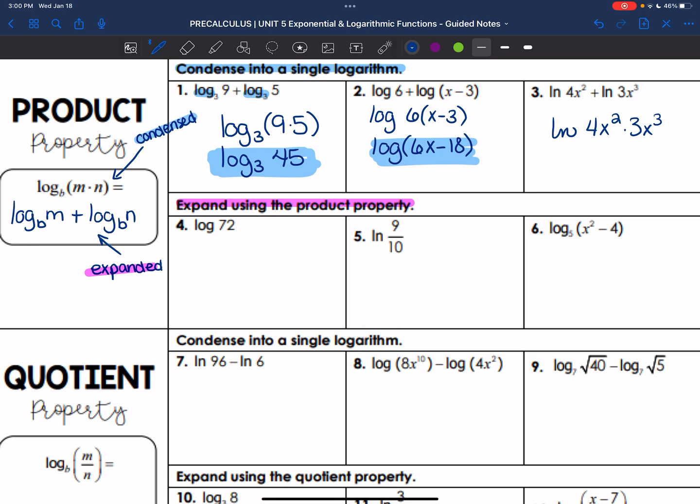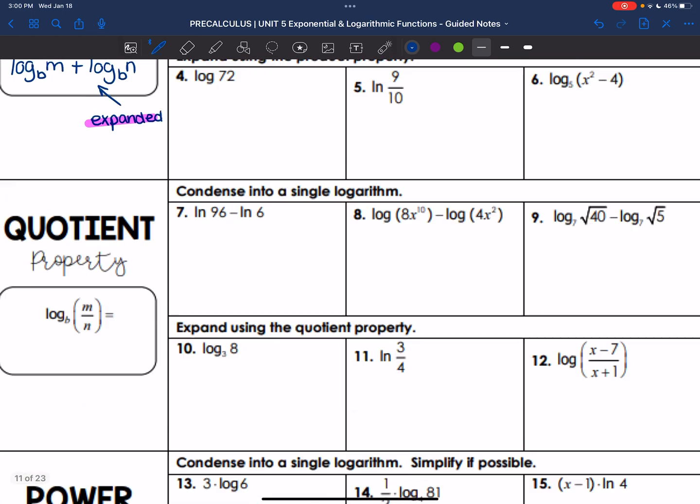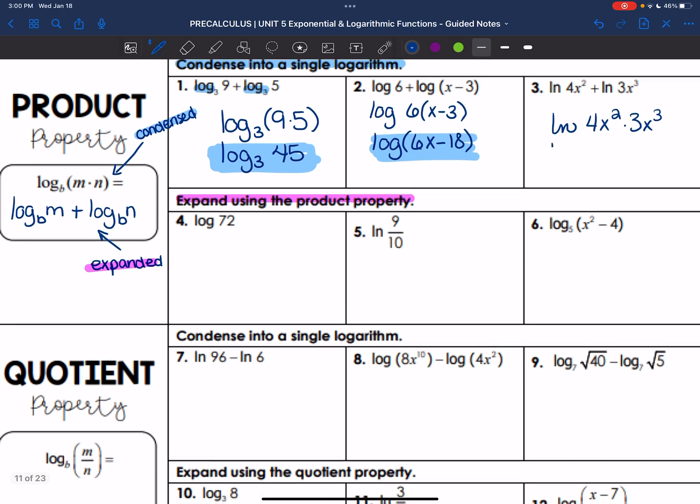When we go ahead and simplify, that means we're combining the product of 4 and 3, which is 12. And then when you apply your properties for your variable, you're going to add the exponents. So it would be the natural log of 12x to the 5th power. So there you have it, ladies and gents.